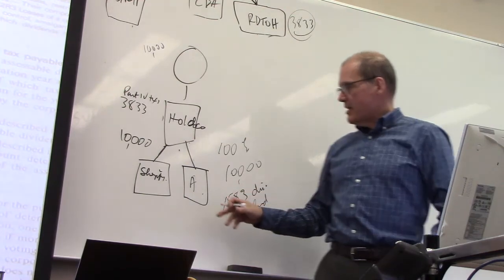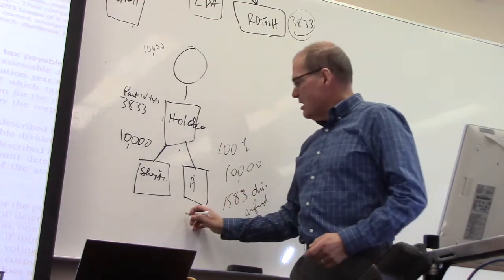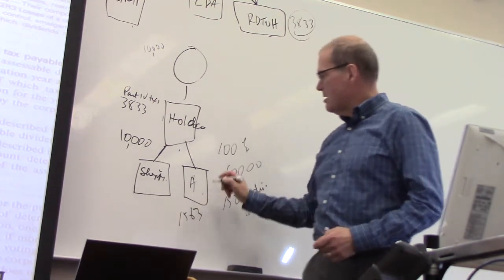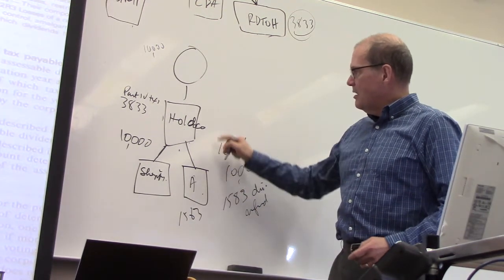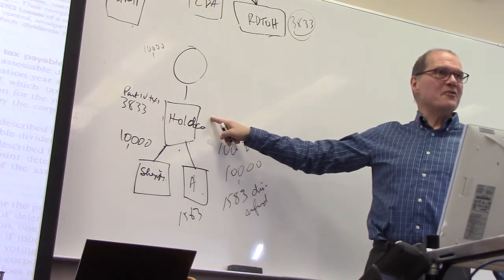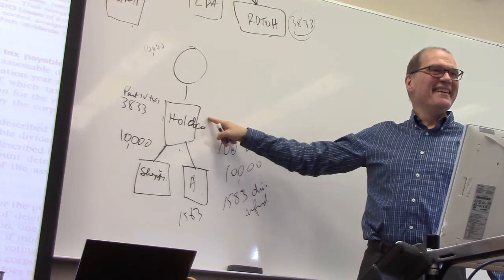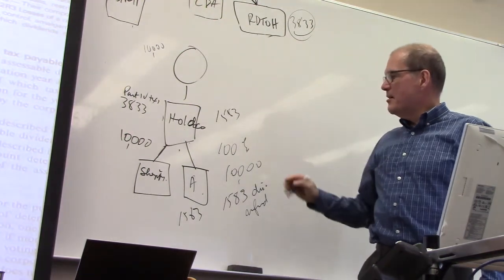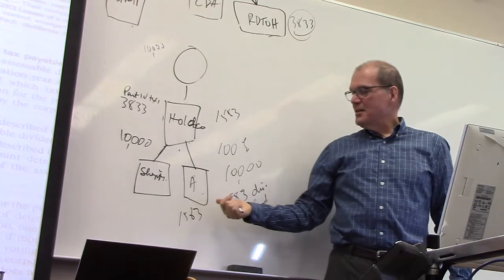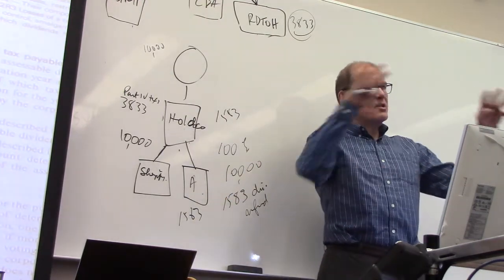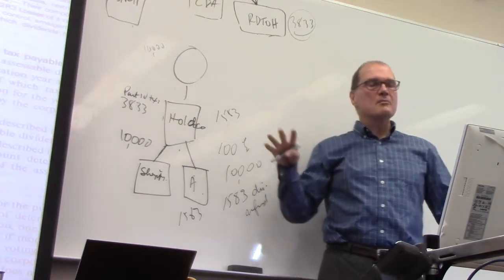Income Tax Act says, okay, so this company gets a dividend refund of $1,583. We're now going to charge holdco Part 4 tax of $1,583, because this $10,000 is still sort of in the corporate realm.